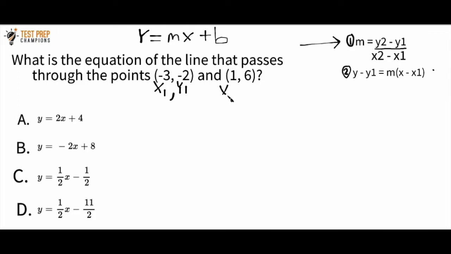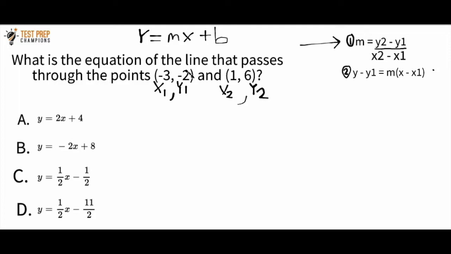I almost wrote y2. I'm going to make this x2, and just pretend this looks more like an x than it really does, please, because my handwriting's not that great, as you've probably realized by now. This is x2, and then the 6, we're going to make that y2. The first number is always an x, the second number is always a y.